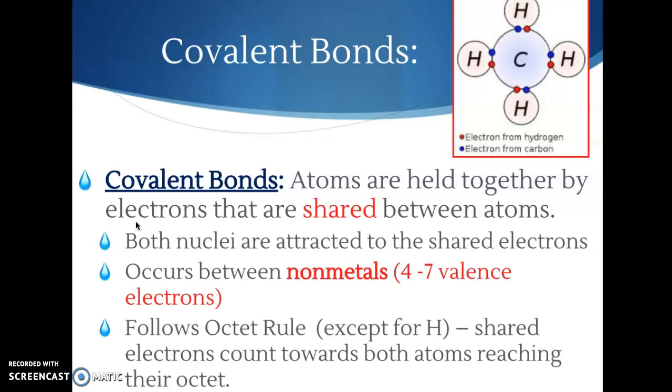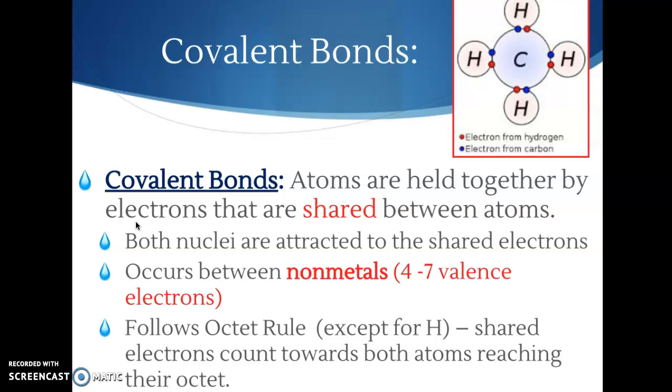Okay, so the first part here is on covalent bonds. This is one of your vocab terms too. A covalent bond is atoms that are held together by electrons that are shared between atoms. In chapter 7, we talked about ionic bonds, where electrons were transferred from one atom to another.